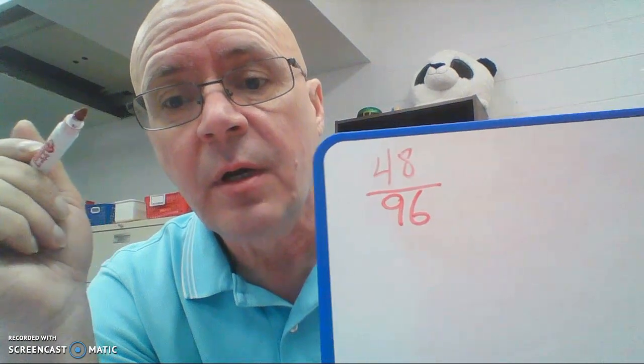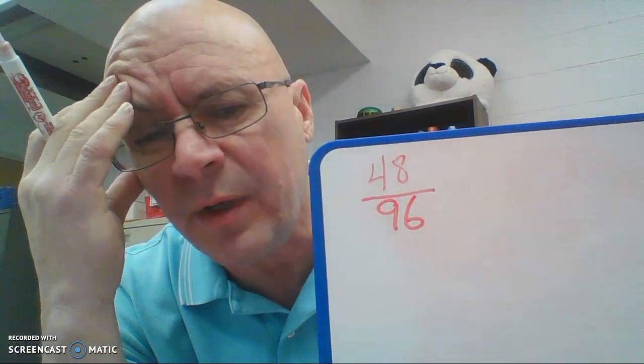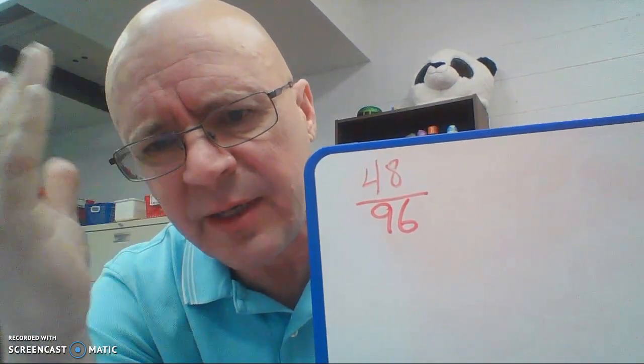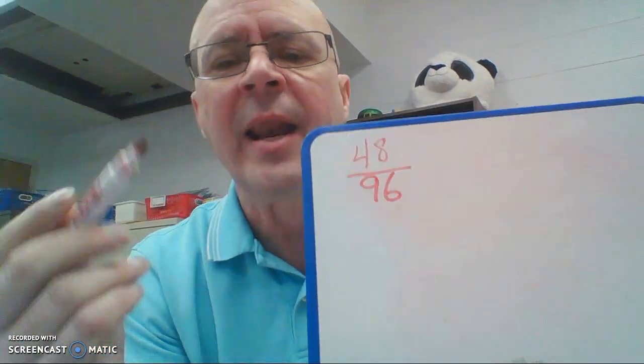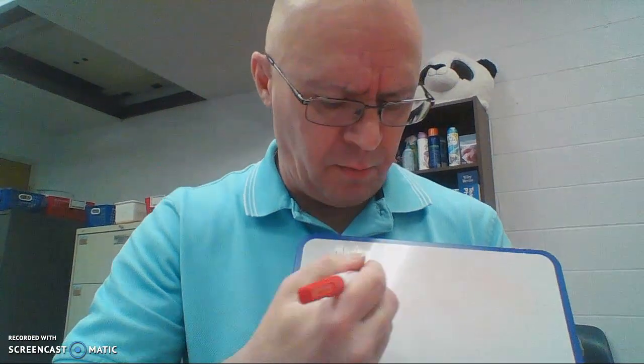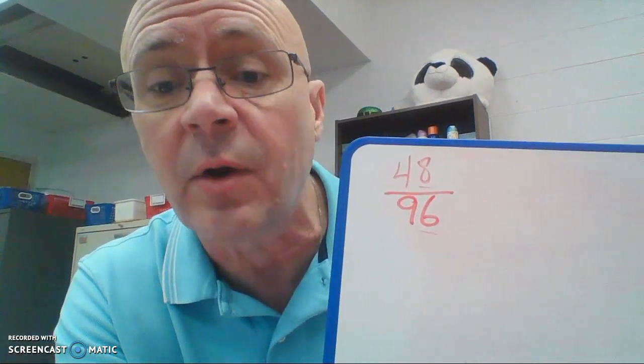Okay, so what I'm going to ask myself is, what do I know that divides into both of these numbers? I notice that they're both even numbers. The way I can tell is I go to the ones place and ask, are those 2, 4, 6, 8, or 0?